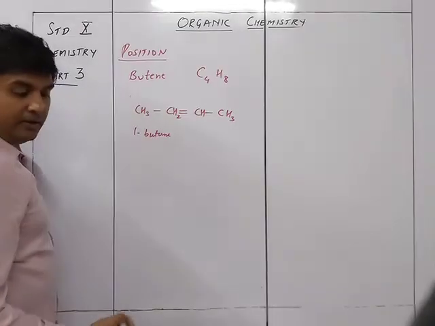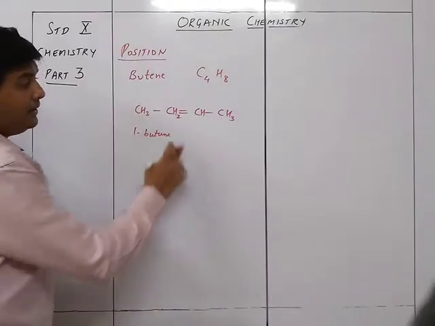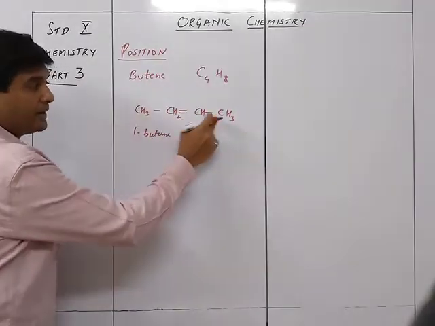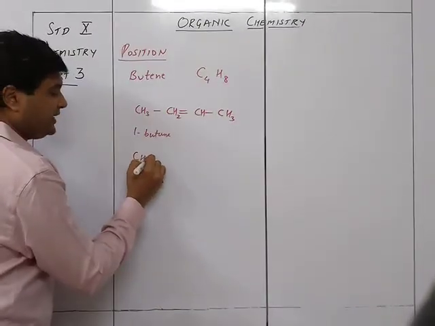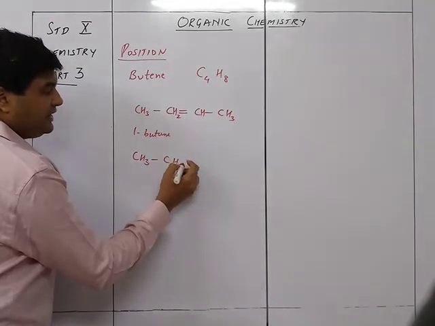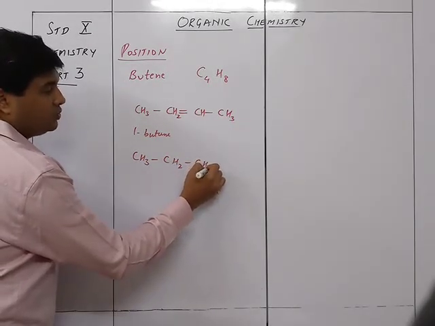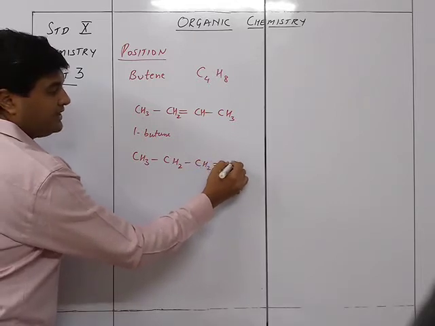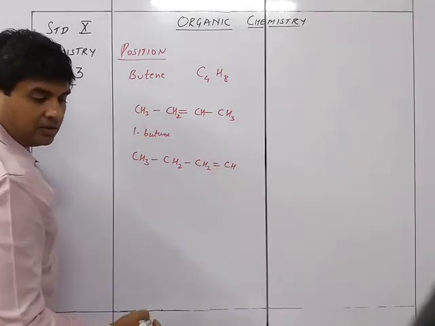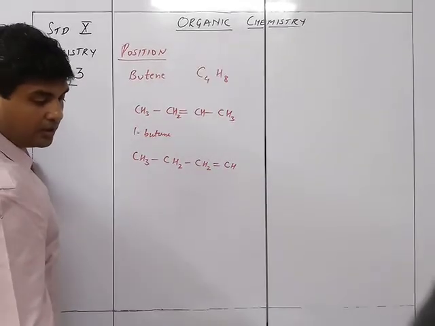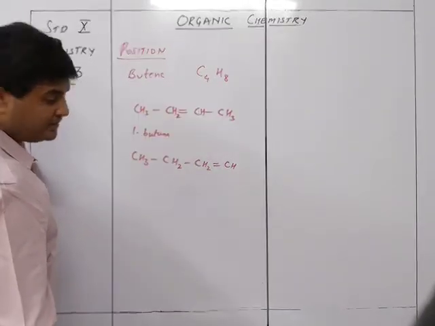Now the same one could be such that my double bond is not here but it could be here. So it will be CH3, single bond, CH2, single bond, CH, double bond, CH. So it could be like this.